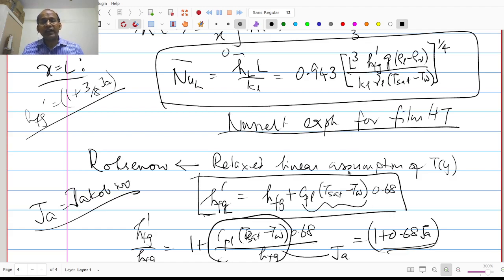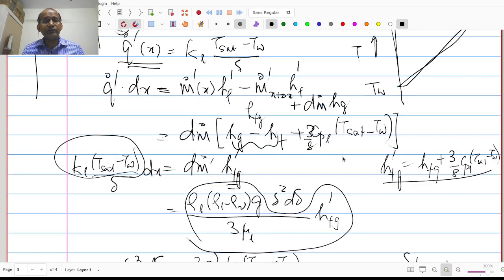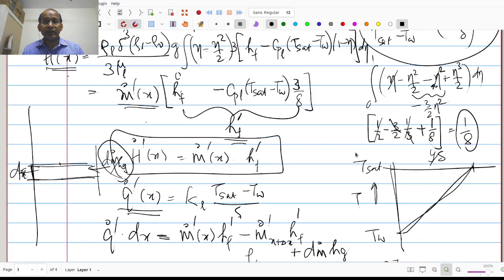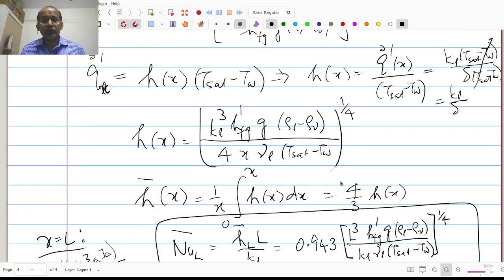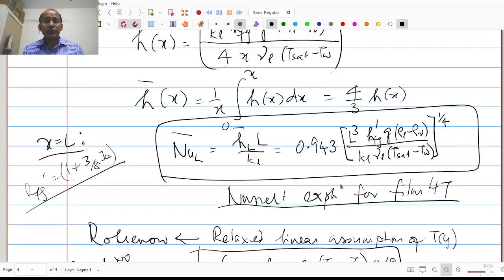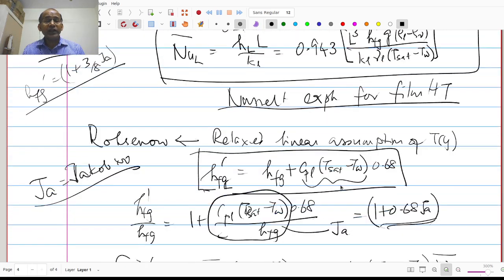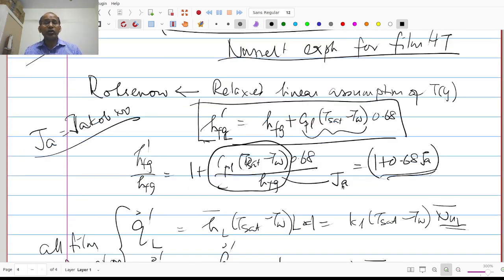So instead of the 3 by 8 that we had in this expression, which arises from the integral of multiplying 1 minus eta and this profile, if you substitute the cubic profile and integrate, then you get the expression that Rosenau got, where instead of 3 by 8, he got 0.68.